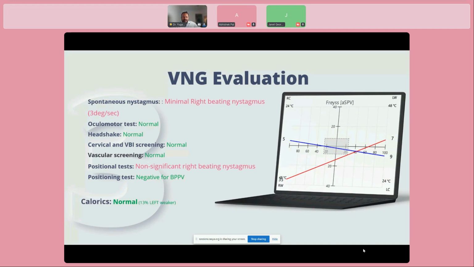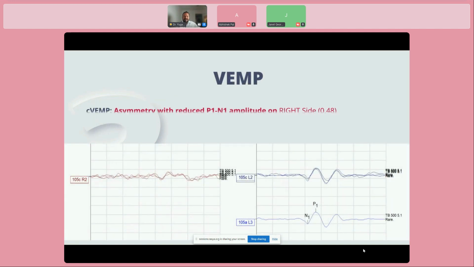The caloric, sorry, the image is wrong, the caloric is actually normal. It's 13% weaker, but it's not significant. So overall, we really do not have enough information to say if it is significantly affected or not if you go with only VNG.